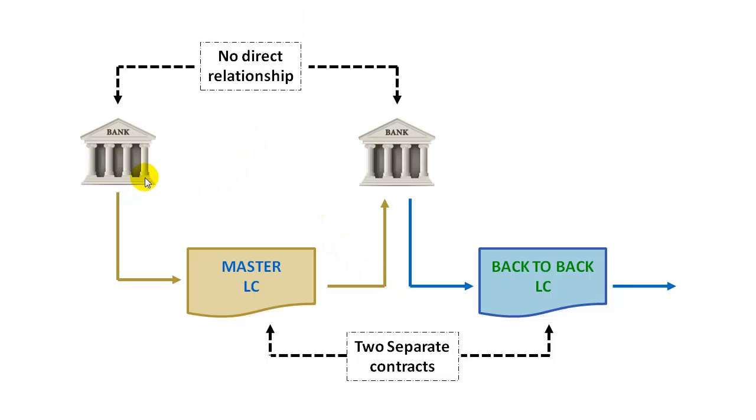The Master LC issuing bank only undertakes to pay a complying presentation drawn under the Master LC, and the back-to-back LC issuing bank only undertakes to pay a complying presentation drawn under the back-to-back LC. A non-complying presentation under either one of these two LCs would not affect the undertaking to pay a complying presentation of the other bank.